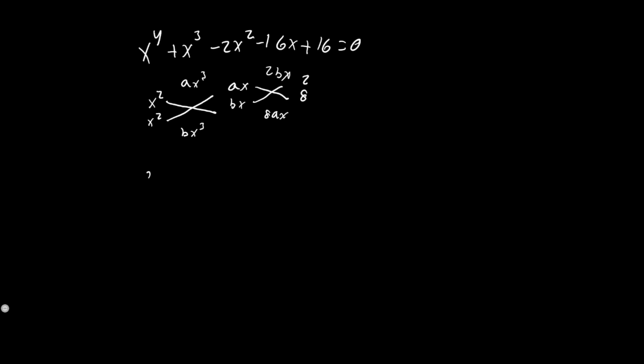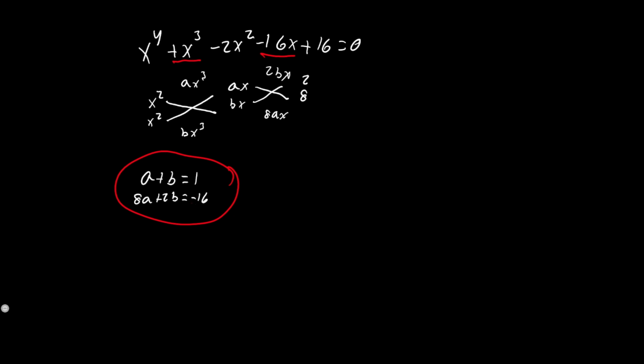So here we have a plus b is equal to 1, and 8a plus 2b is equal to negative 16. So we want to find 1 and negative 16 in our system of equations here, where we have a plus b equals 1 and 8a plus 2b equals negative 16.